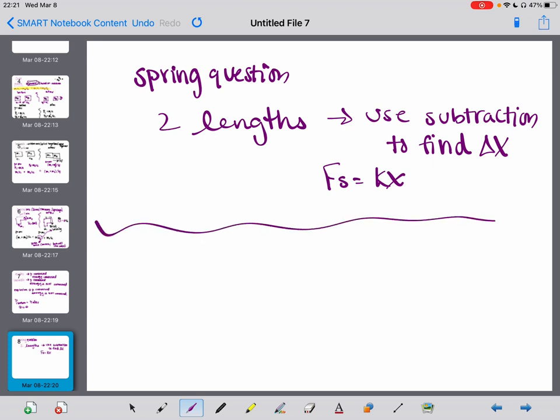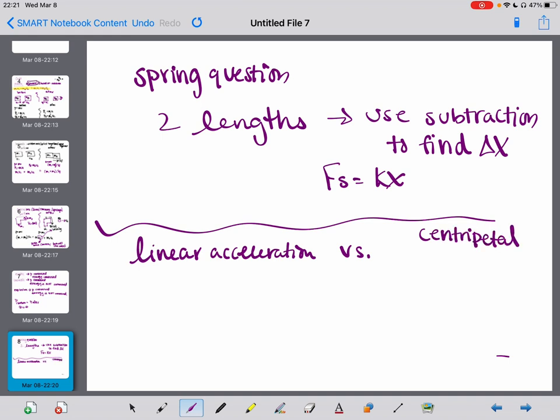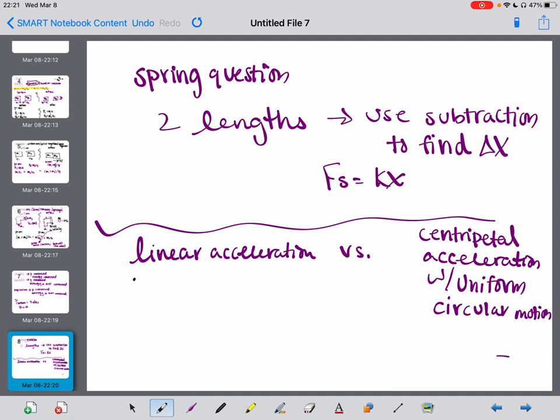And then my second thing was linear acceleration versus centripetal acceleration with uniform circular motion. Okay, linear acceleration means that I am going to change my velocity.